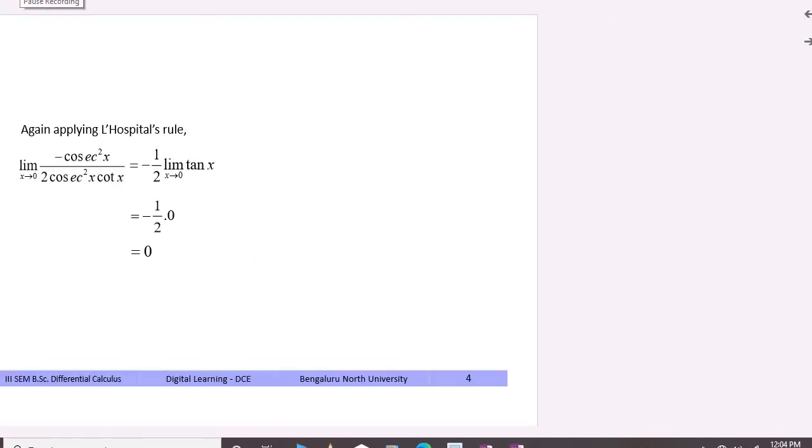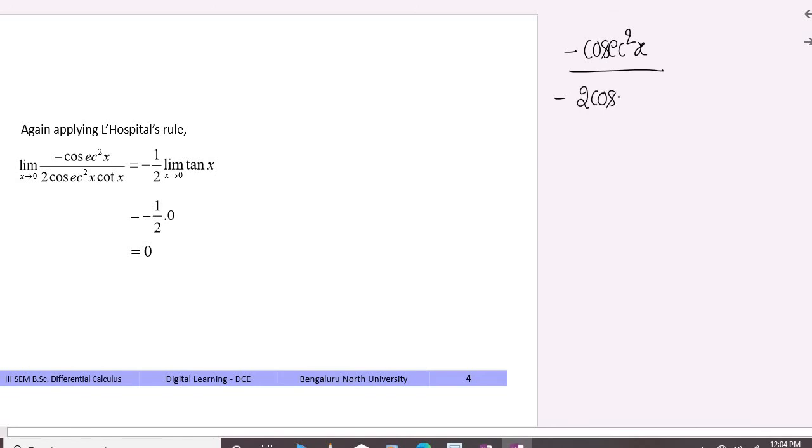Again apply L'Hopital's rule. Cot x differentiation is minus cosecant square x, divided by minus as it is, cosecant square x differentiation is 2 times cosecant x. Cosecant x differentiation is minus cosecant x into cot x.